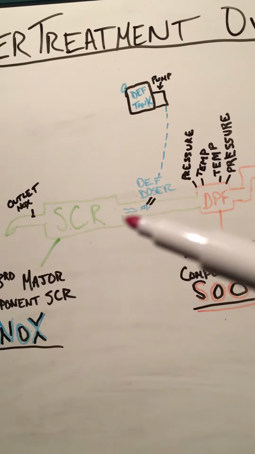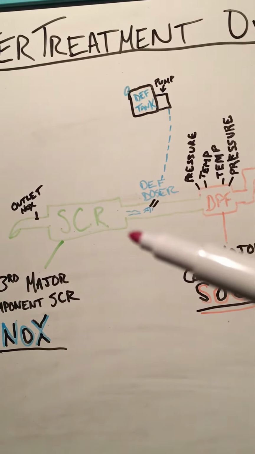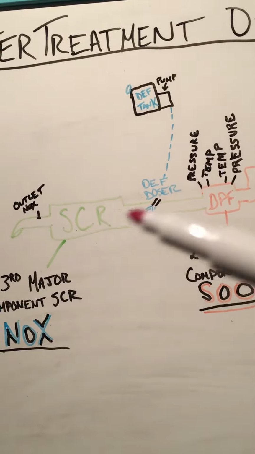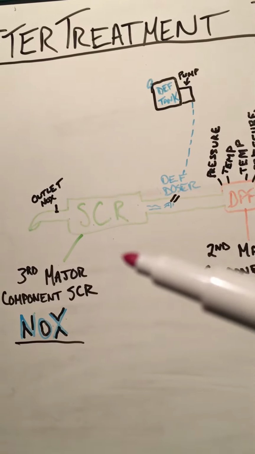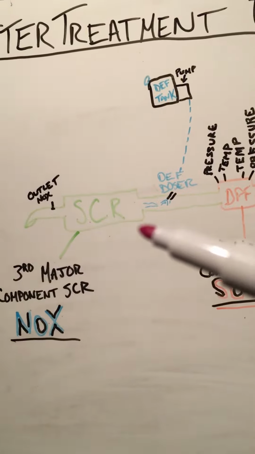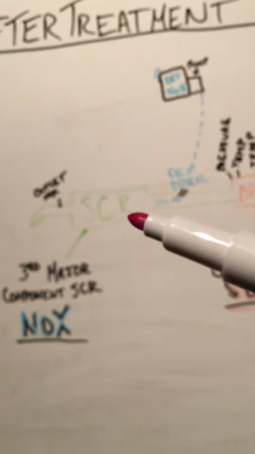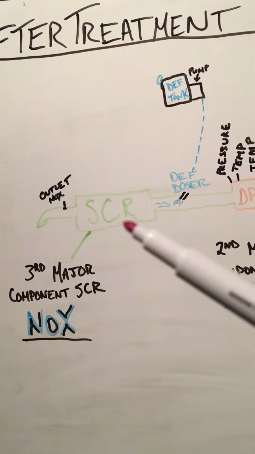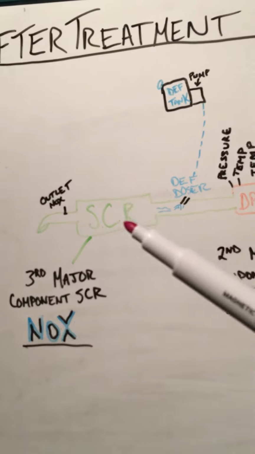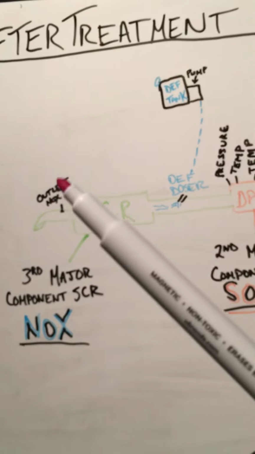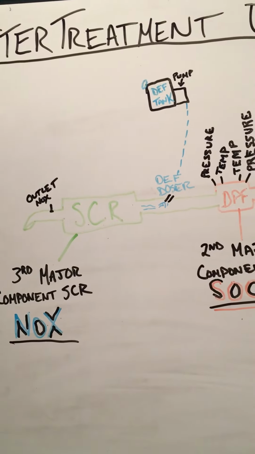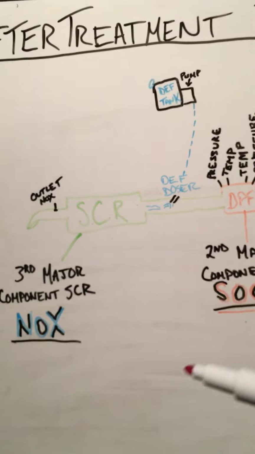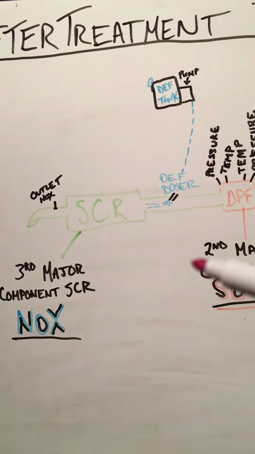If it is, so if all of this is checked off, you're getting the proper amount of DEF going into this chamber, there's really only two other things that could be causing the SCR NOx efficiency code. And that is either you have a bad SCR itself, which is a big problem, or one of your NOx sensors is out of whack. And so there's other tests to try to figure out which one it is.